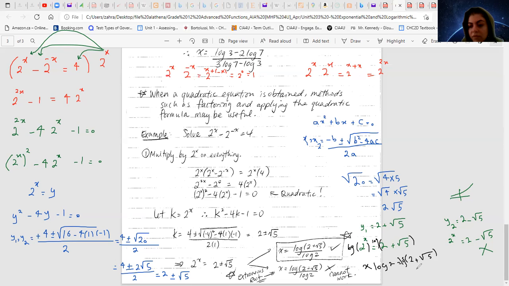Then I need to isolate for x. So x equals log of 2 plus the square root of 5, divided by what? Divided by log 2. Any question?